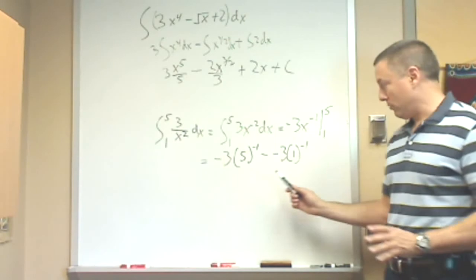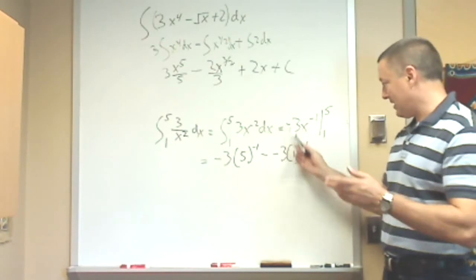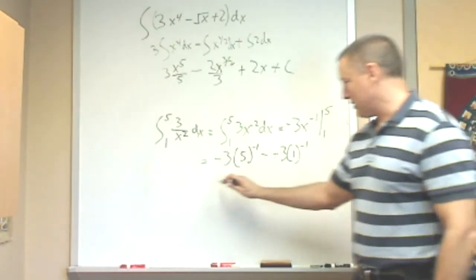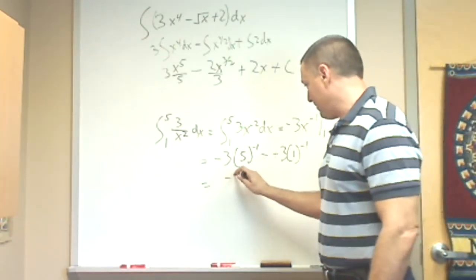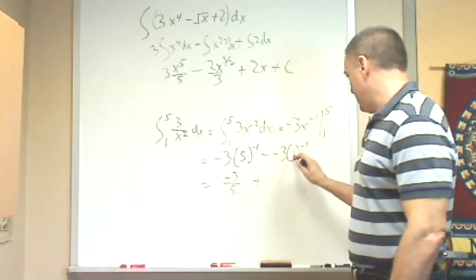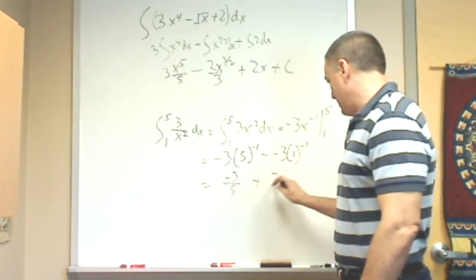So we do have to be careful with our negative signs. I'm subtracting a -3, so that will of course turn into plus. And -1 power would simply put that on the bottom. So I have -3/5 plus 3 over 1, or 3.